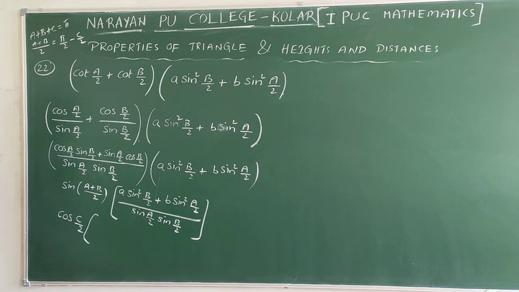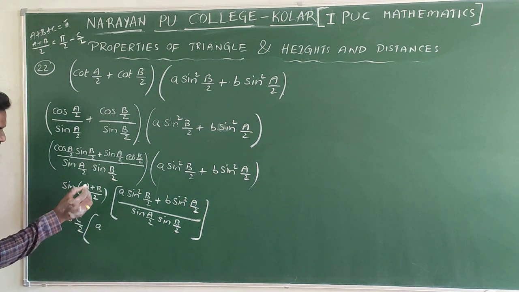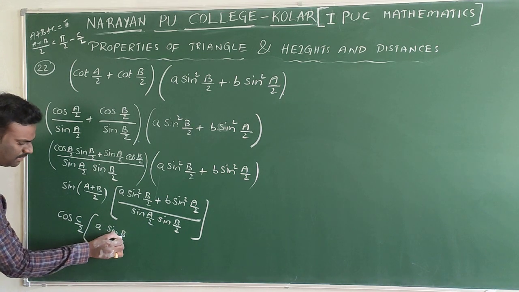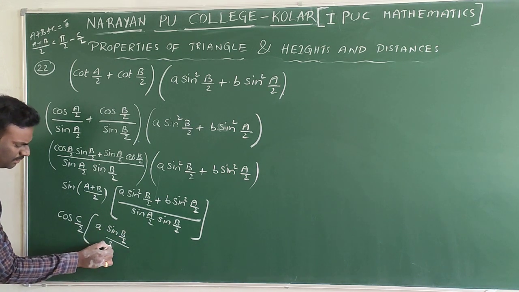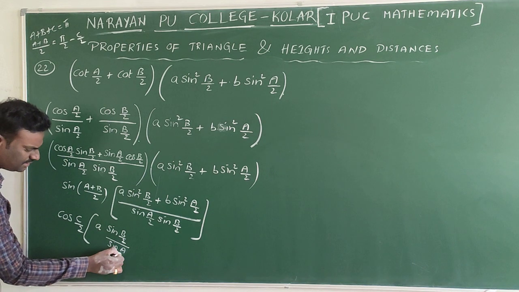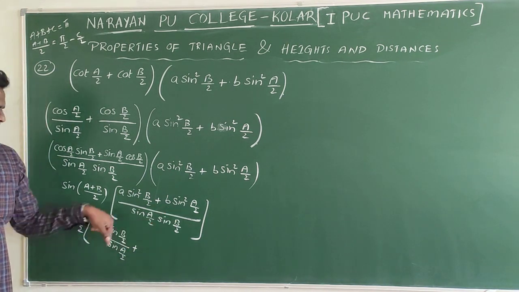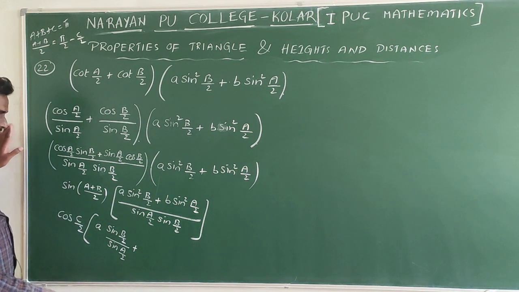If you divide separately, sin B by 2 gets cancelled. Now what will we get? A into sin B by 2 by sin A by 2. If you divide this by this, sin A by 2 gets cancelled. Now what will we get?